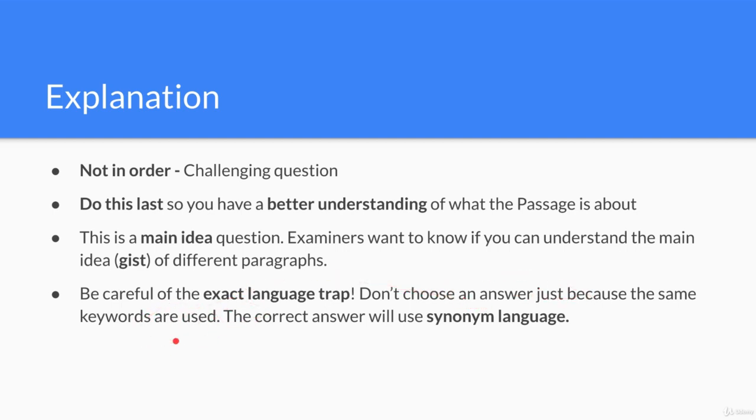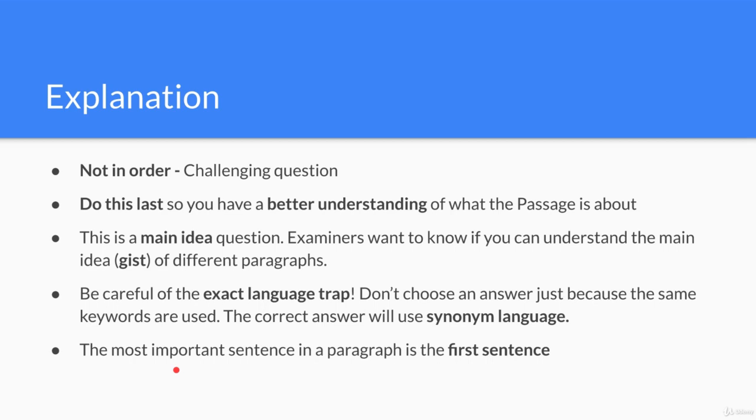A lot of times the examiners are going to throw in the exact keywords just to trick you, because they know that if your level of English is not very high, then you are going to fall for that trap. You're going to choose an answer just because you see the same word appear in the reading passage. So don't do that. Always be on the lookout for the synonym language. You have to be able to understand the overall meaning of what is being talked about in the paragraph.